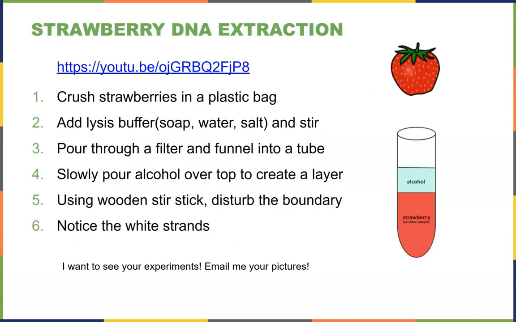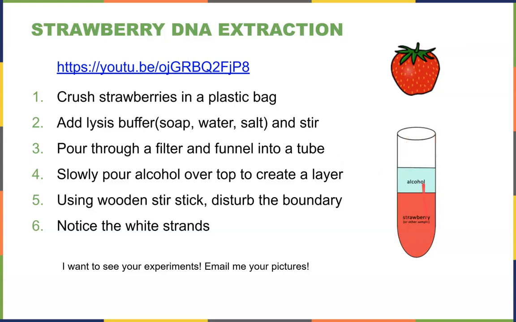And so this is the whole procedure on how to do it. You crush your strawberries, you add soap, water, and salt and stir. There are some amounts for each one of those. There's a nice YouTube video here, or you can just search it on YouTube too. And then you'll stir and you pour it through a coffee filter into a tube like this.